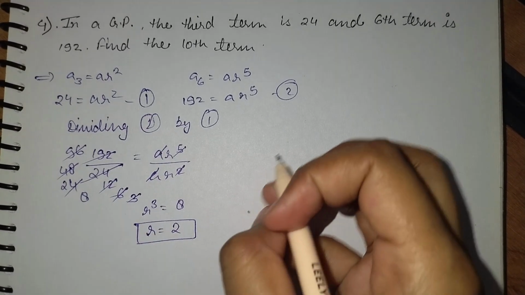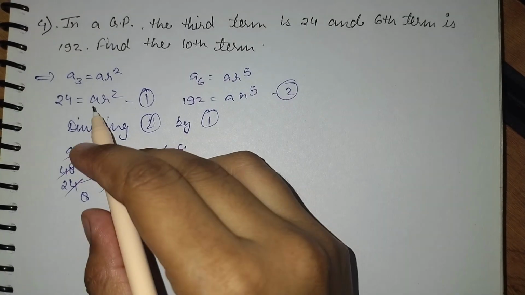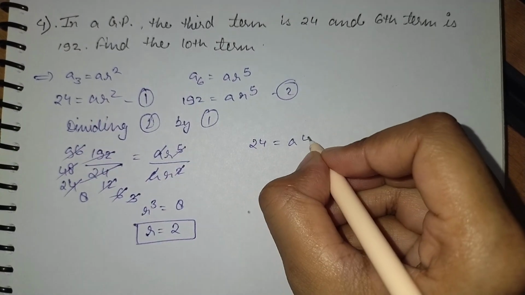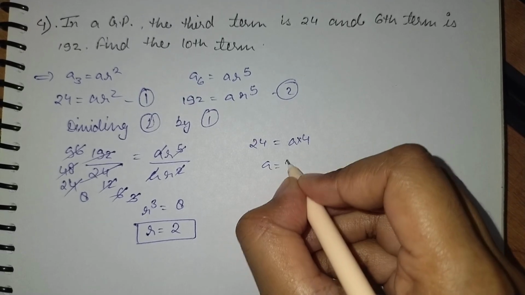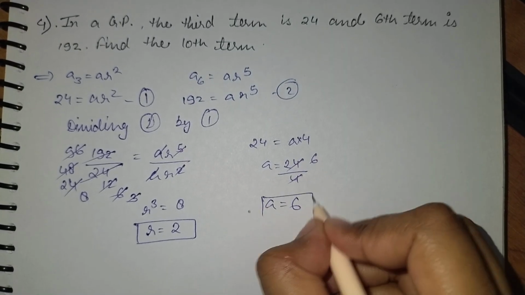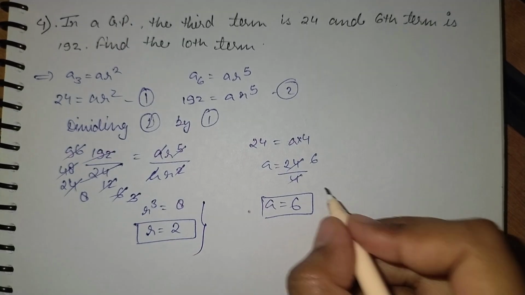Means the common ratio is 2. From there we can find A: 24 equals A r squared, r squared is 4, so the first term will become 24 by 4, which is 6. Means the first term in this GP is 6 and the common ratio is 2.